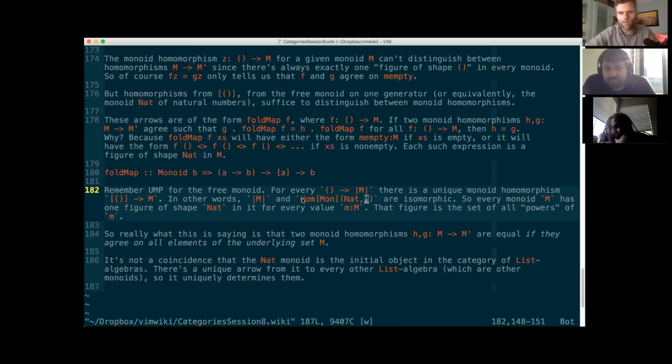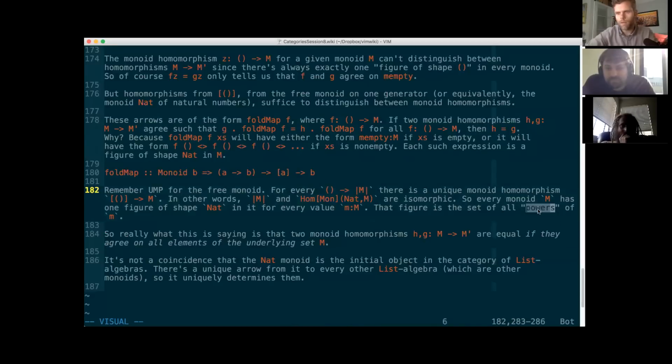So this is the type under fold map, really. So for every monoid M, we have a figure of shape nat in it for every value M. And that figure is the set of all the powers of M, or all multiples of M, sorry.